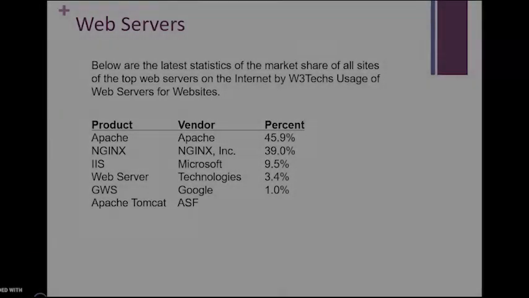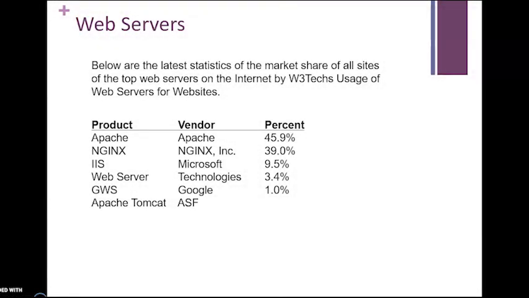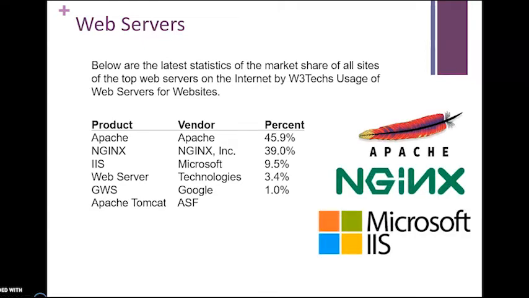Now let's look at the web server statistics. If you look at the statistics for the usage of web servers for websites based on the table, you find out that Apache and Nginx are the most popular web servers being used by web developers at this moment.